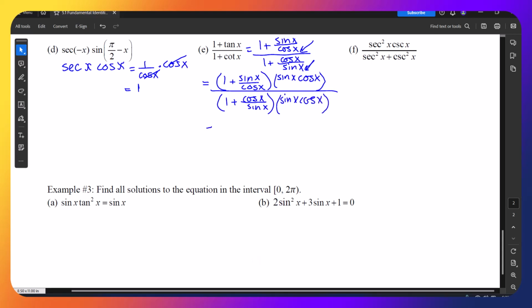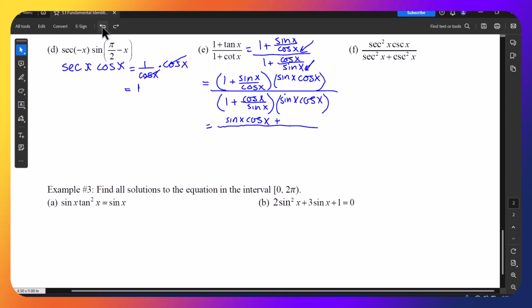Okay. And we're going to go ahead and do the distributive property. So the numerator is going to be sine x cosine x plus, if I multiply this quantity right here by this fraction, the cosine is going to cancel out, and you're only going to have sine squared of x in the numerator.